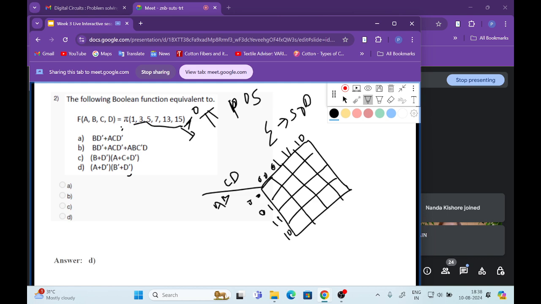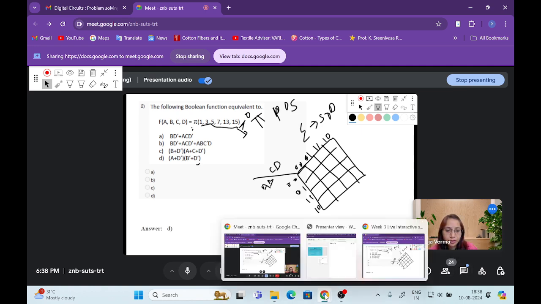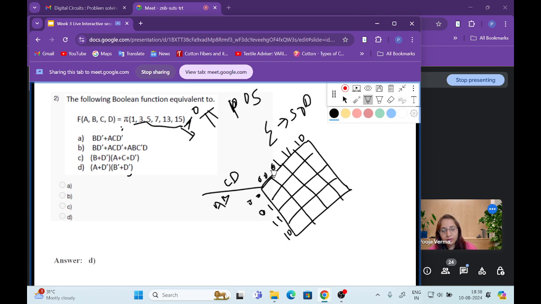So in these places we need to put zeros, because it is given in the product of sum form. In the place of 1, we need to write 0. So the first cell is 0, the second one is 0. Then at 3, here will be 0 only.